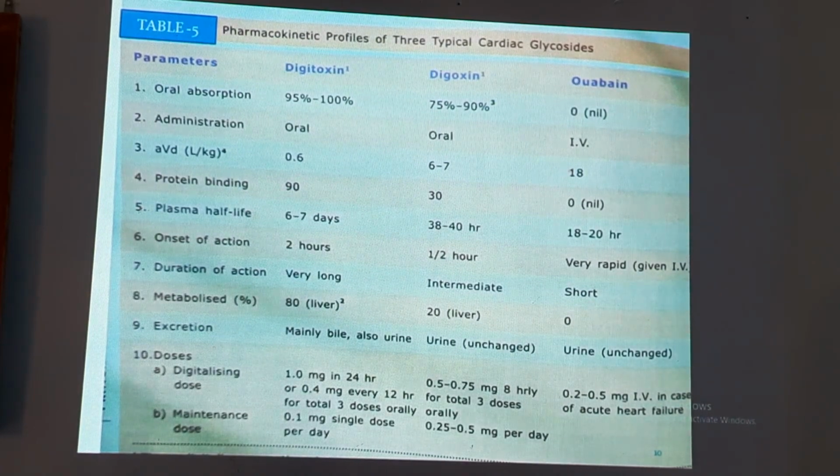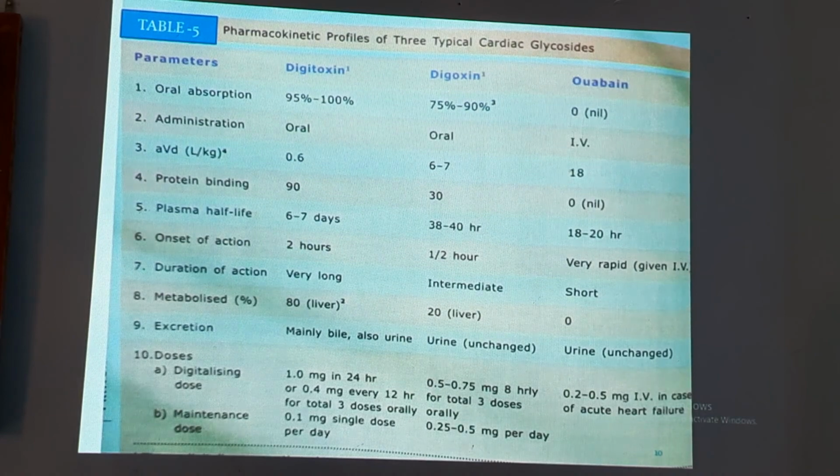For digoxin, 0.5 to 0.75 mg 8 hourly for a total of 3 doses orally, followed by a maintenance dose of 0.25 to 0.5 mg per day. For ouabain, 0.2 to 0.5 mg intravenously in cases of acute heart failure. Next slide.